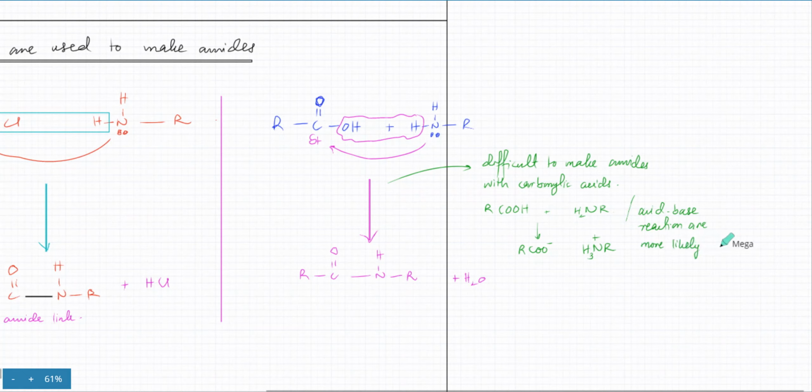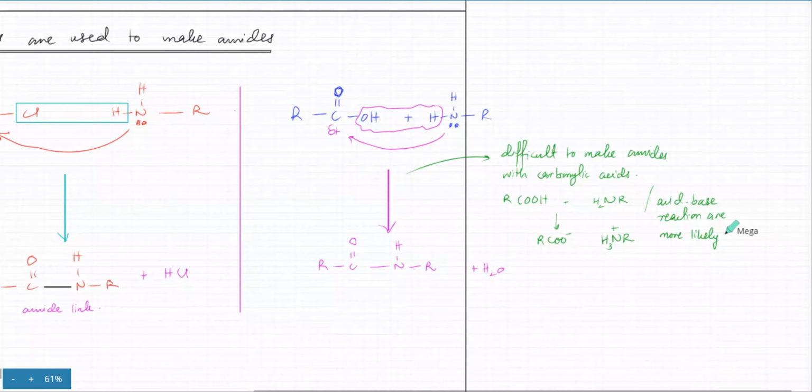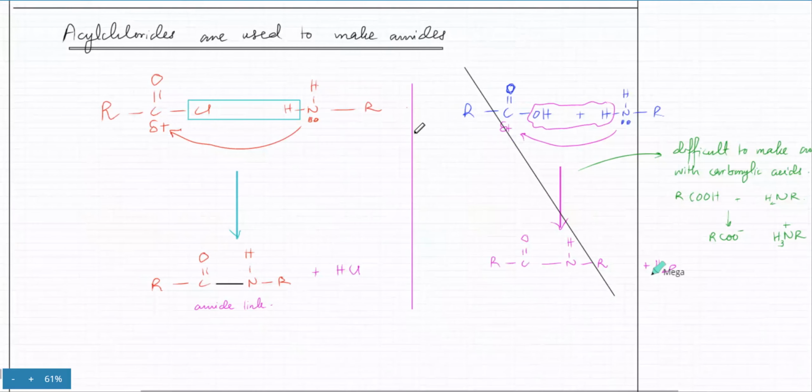You should know the reason why this reaction is probably not going to happen. It's very difficult to make amides with carboxylic acid, so you never use carboxylic acids. You always use acyl chlorides.